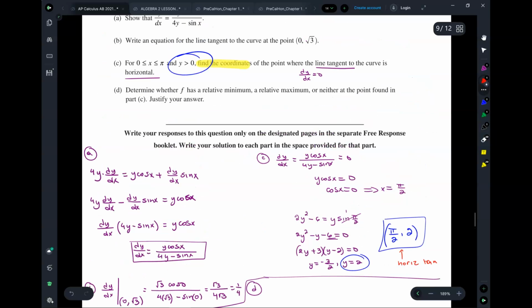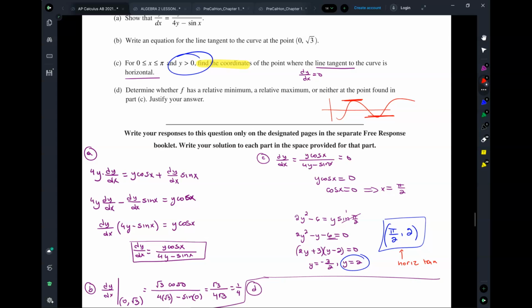Okay? So if you have a curve that looks like this, there is a horizontal tangent there and a horizontal tangent there. But one of those points is a relative max, one of them is a relative min. So how can you tell if it's a relative max or a relative min? What's the concavity? Concave down, concave up. You remember that, right?